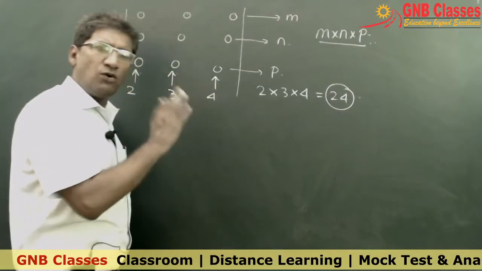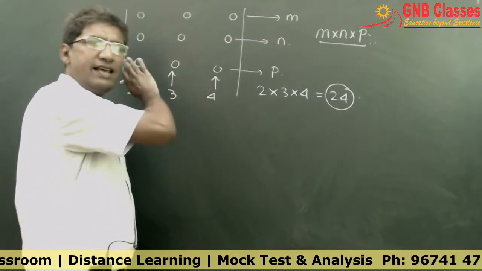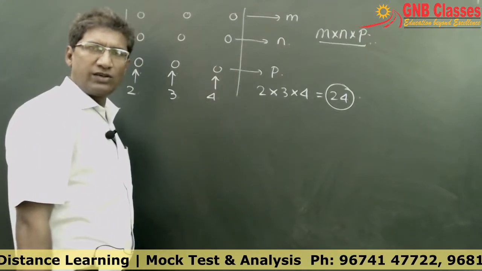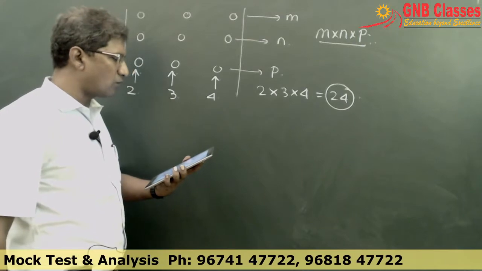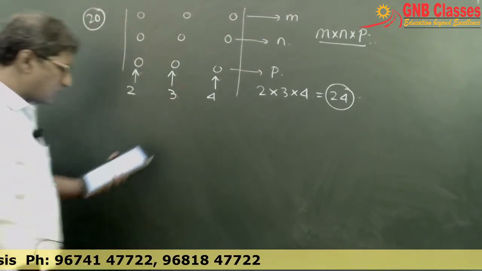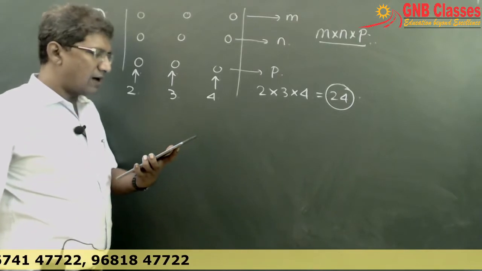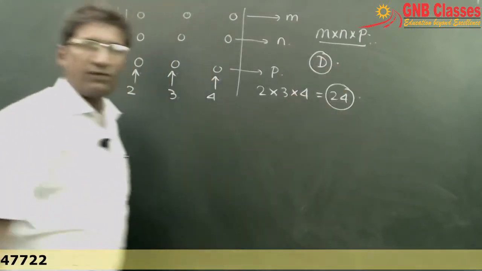So 24 determinants we will get when the determinant is decomposed. Is it clear? Therefore, option D is correct for question number 20. Is it clear to all of you?